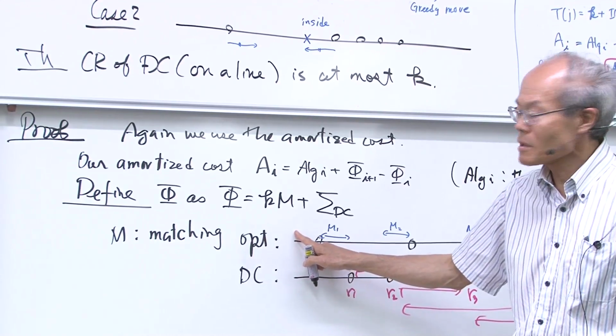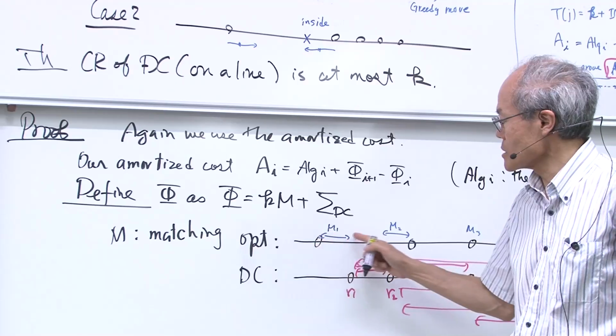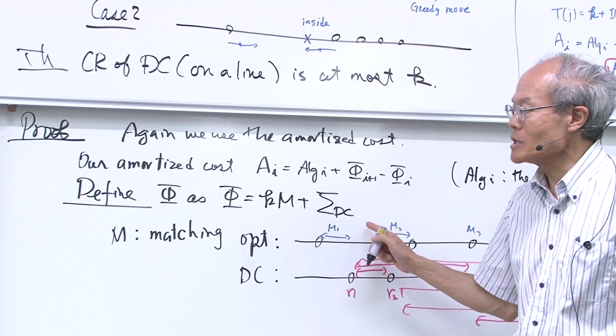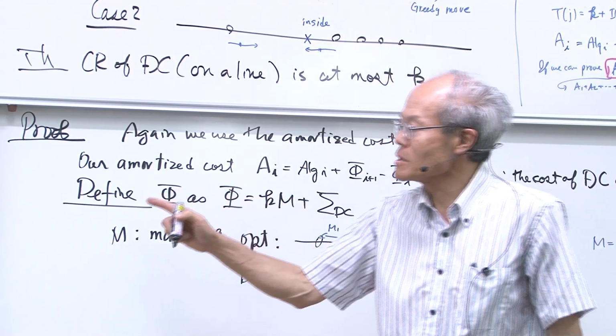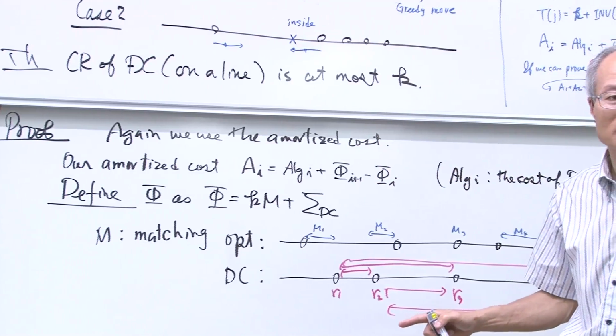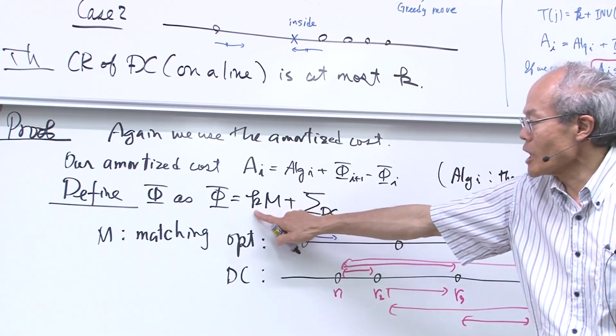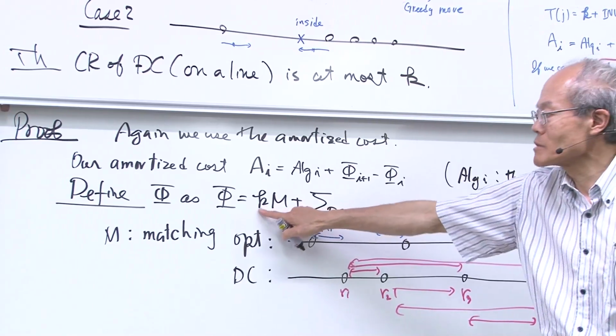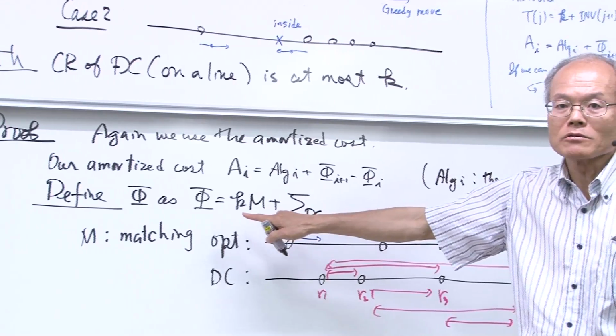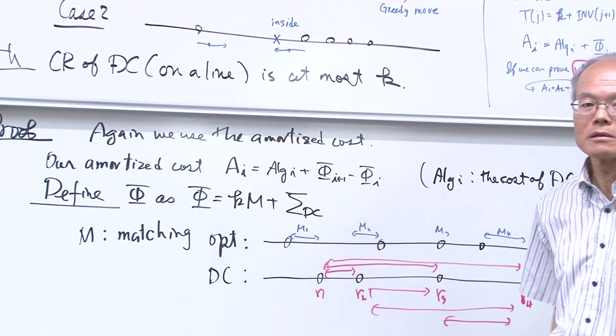Then of course this matching value m1 increases by d_i. Then what is this value? k times d_i. So phi increases at most k times d_i.